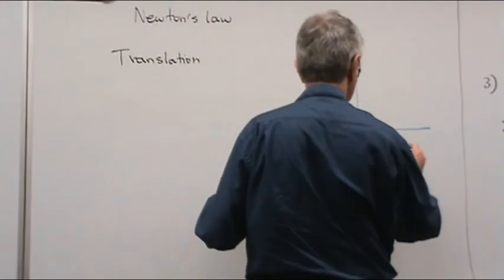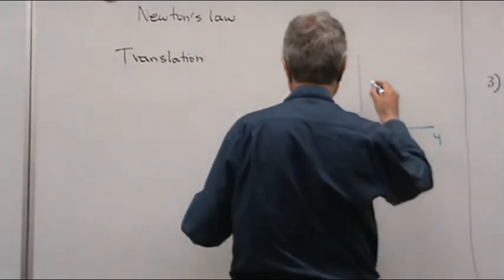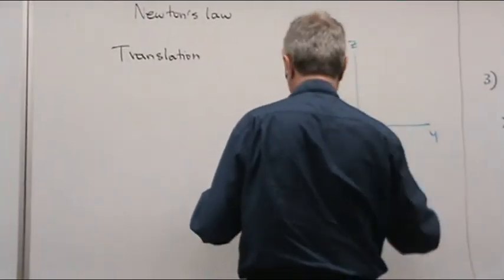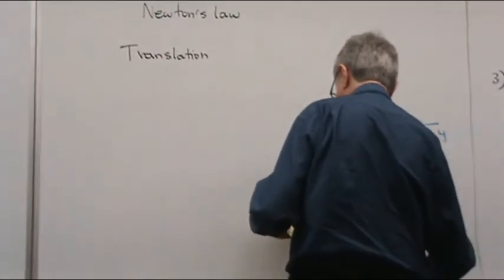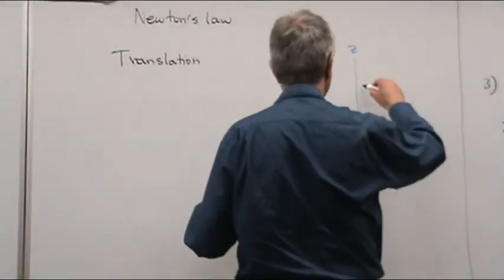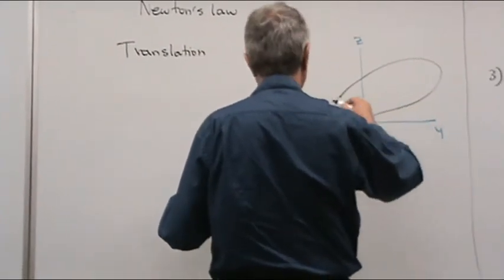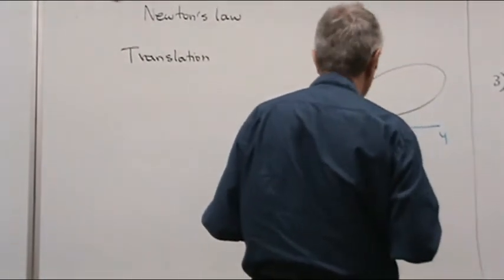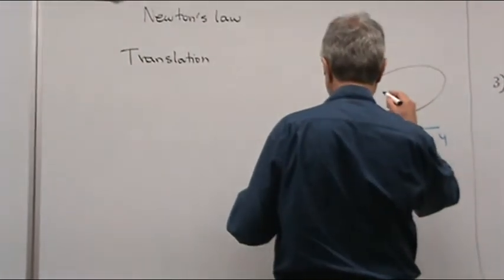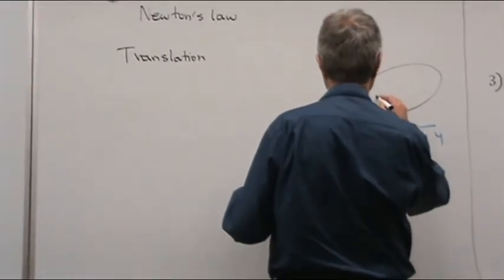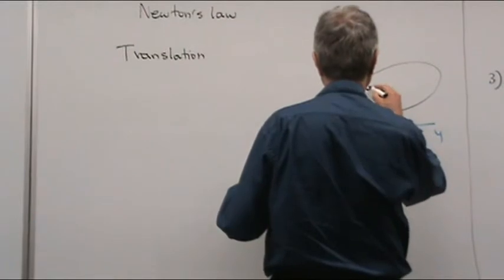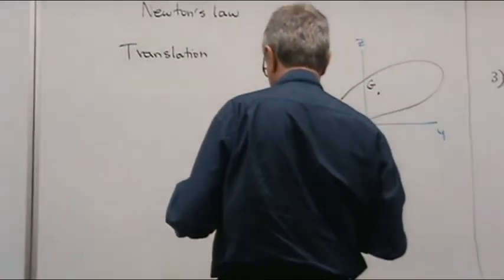X, Y, Z. Let's say that we have a body. This is a rigid body. The center of gravity is G. Okay.